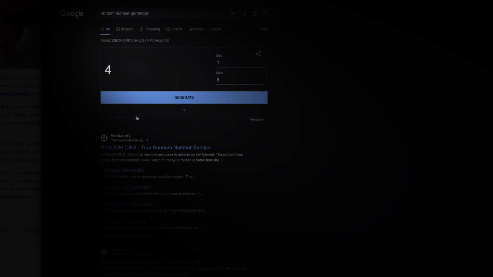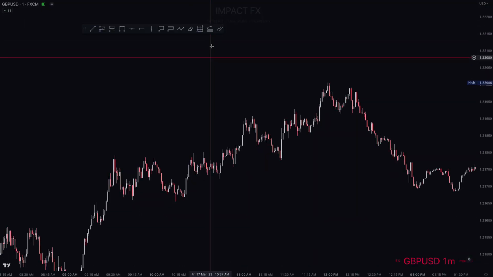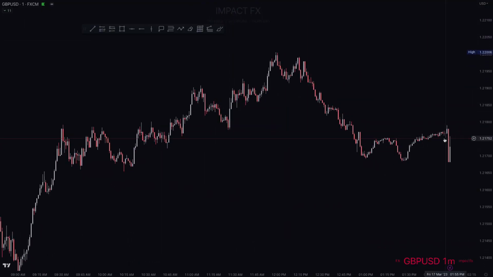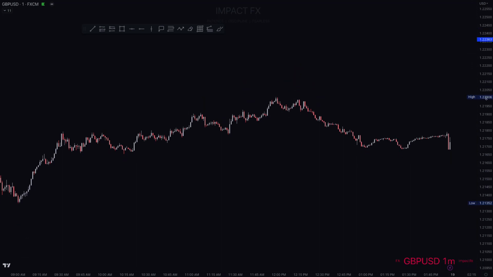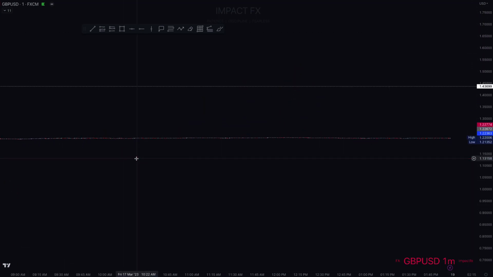All right, so what we are going to do here is stay on the 1 minute charts, and this is live price, and I'm going to shrink this all the way down. Okay, so now it looks like a flat line, and we're going to go 4 back.